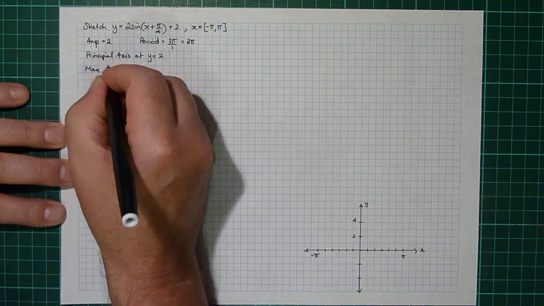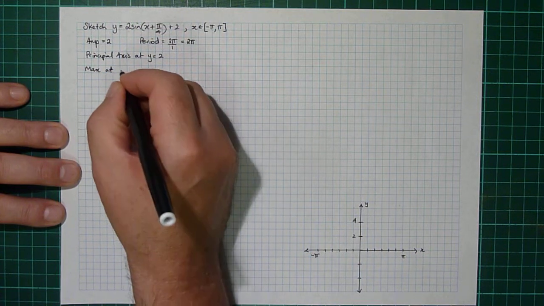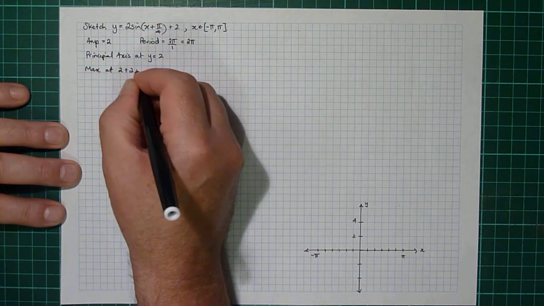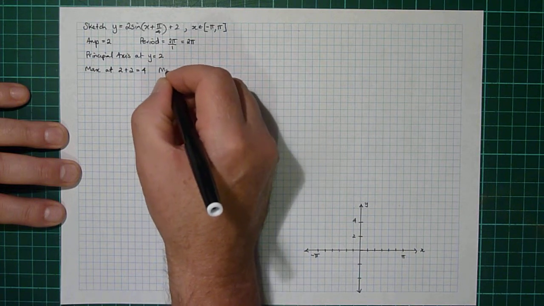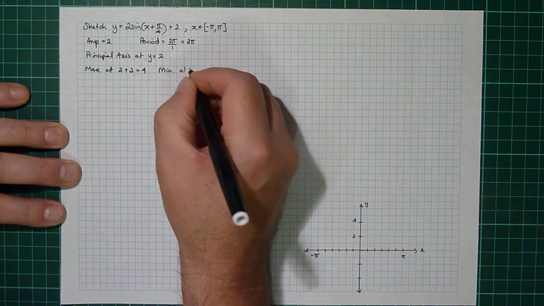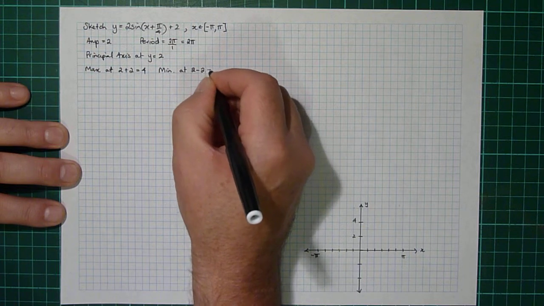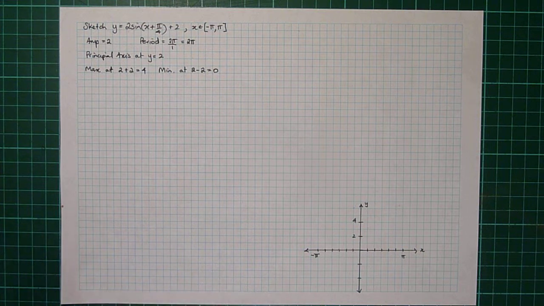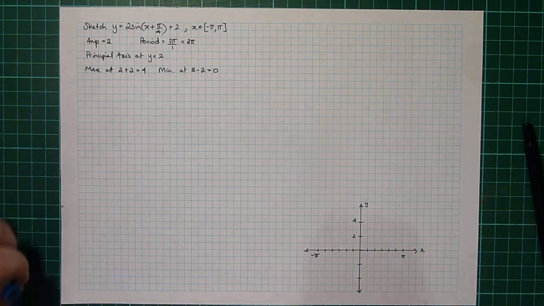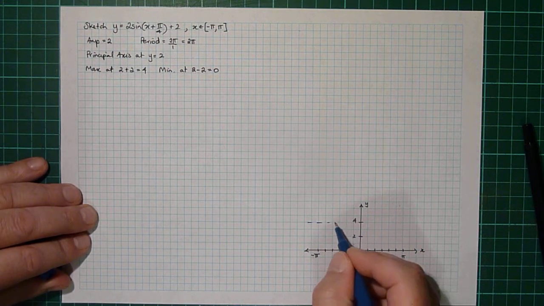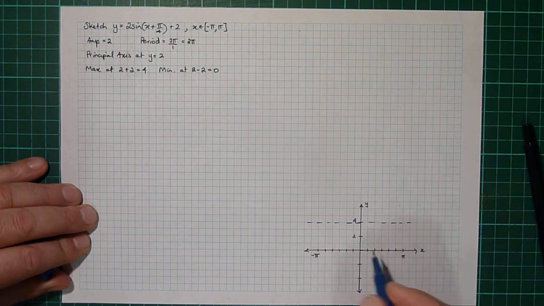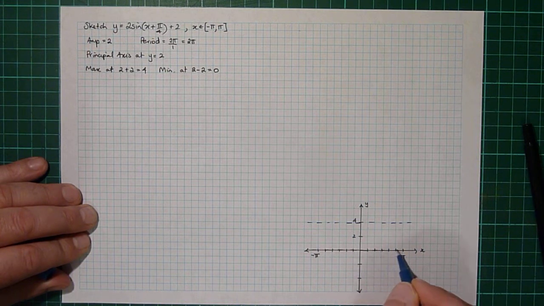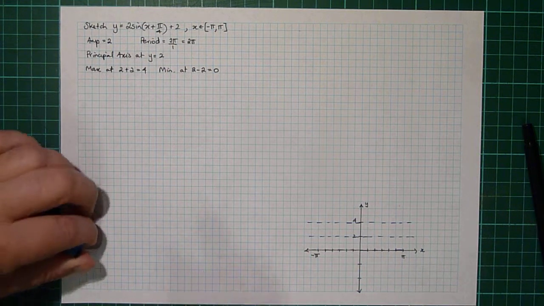From that we can say that our maximum is at the principal axis plus the amplitude, which is 4, and our minimum is going to be at principal axis minus the amplitude, which is at 0. So we've got maximum at 4, minimum at 0, principal axis at 2. We can put that information in straight away. So we know our graph is not going to extend beyond 4 or 0, and that we'll have a mean value at around 2.